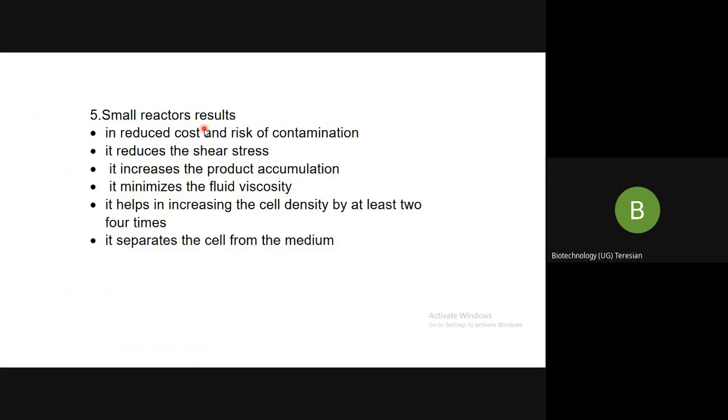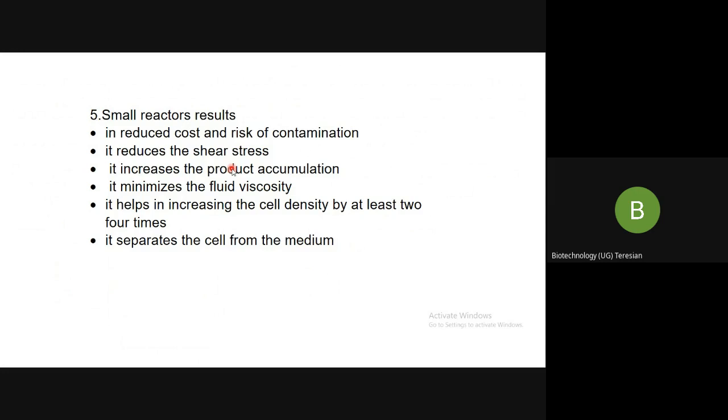It increases the product accumulation and it minimizes the fluid viscosity. If there is fluid viscosity, what happens? It causes a problem in mixing and aeration in cell suspension. So now it helps in increasing the cell density by 2 to 4 times, and it separates the cells from the media.